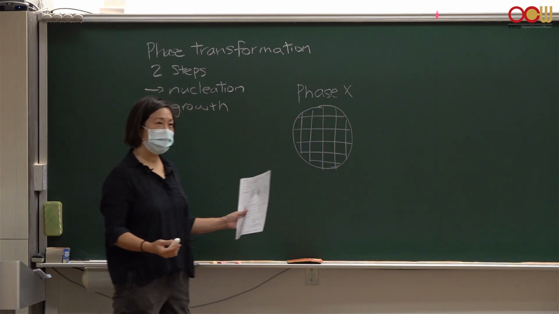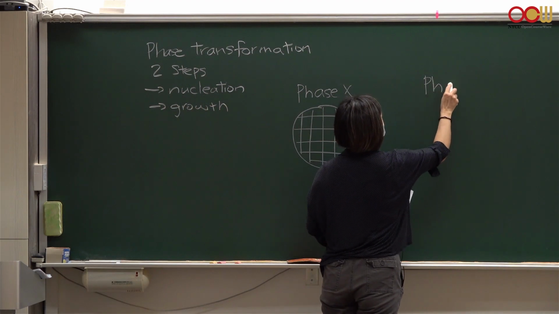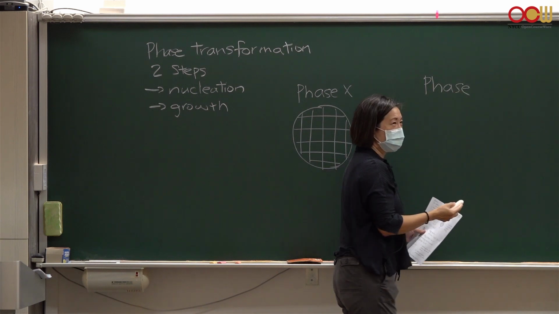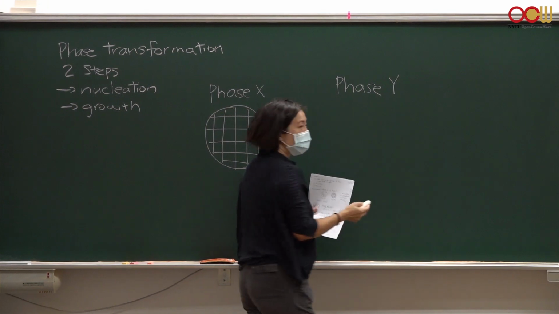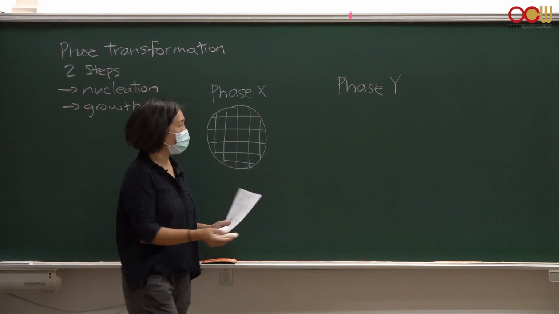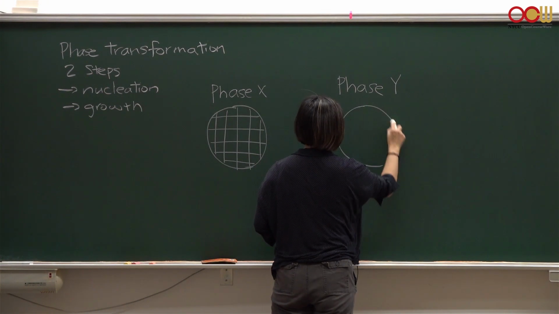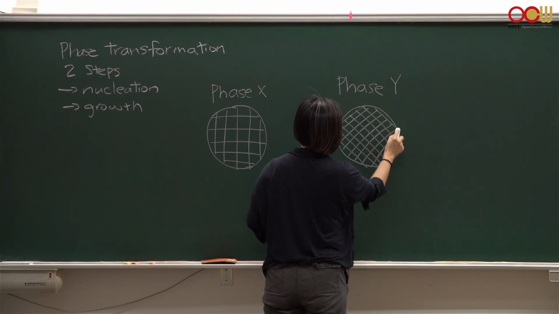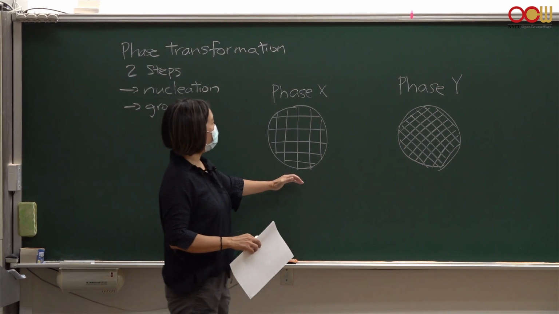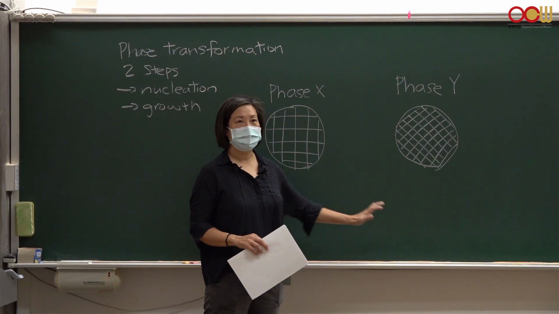Okay, we have a phase, and under certain conditions, let's say a different temperature, different pressure, we can get phase Y. It's the same material, but it exists in a different phase. And let's say phase Y looks like this. Okay, so phase X, phase Y, same material, different phases.